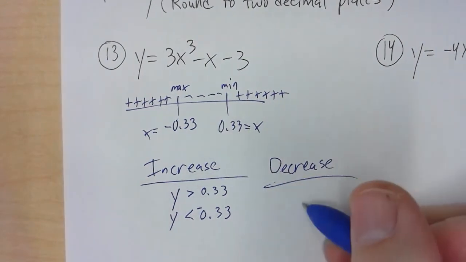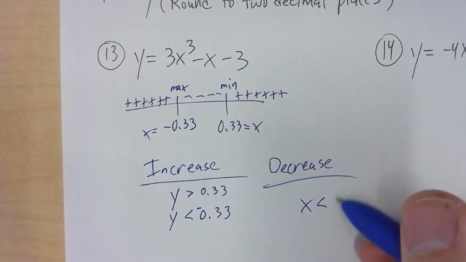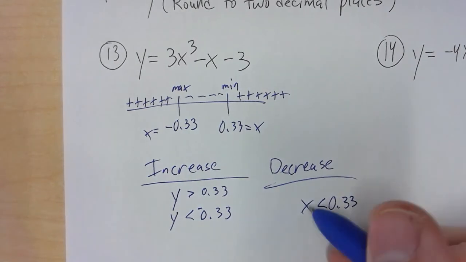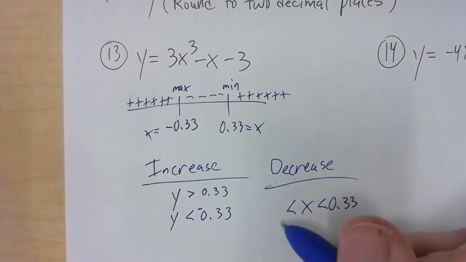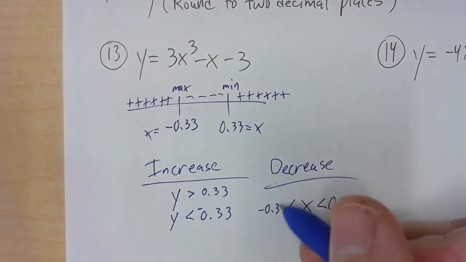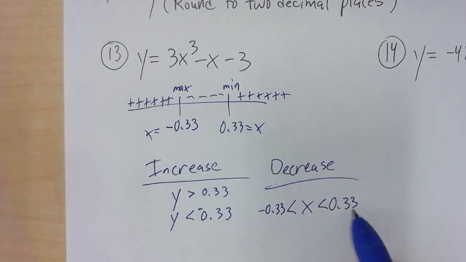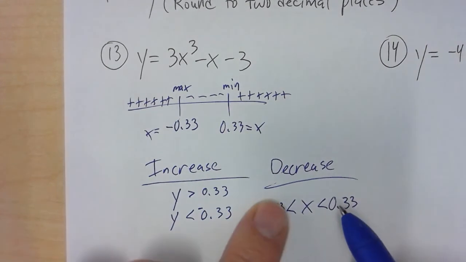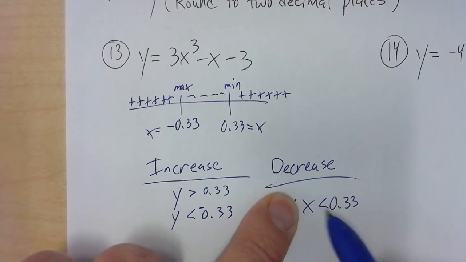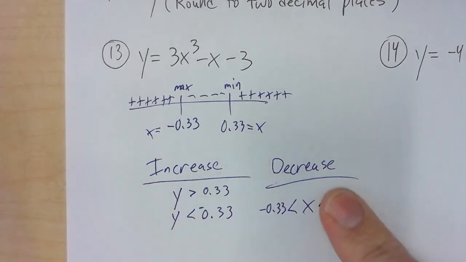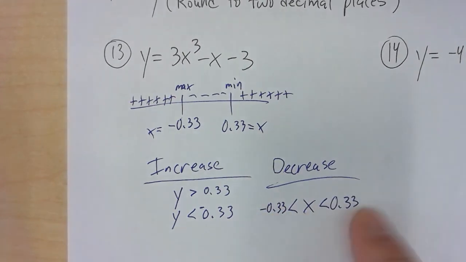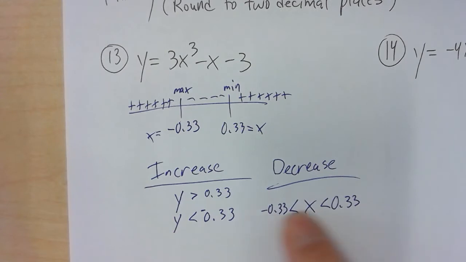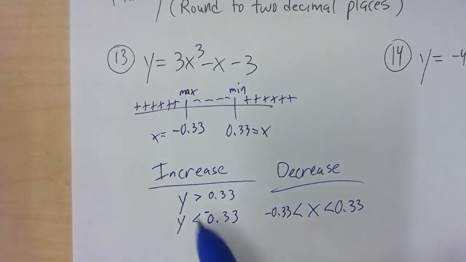We say x is less than 0.33, and at the same time, x is greater than negative 0.33. So that's how we say in between in math: we look at it this way and go, x is less than 0.33, and then we turn it around and say x is greater than negative 0.33. So see, x is trapped, right? Like Jaws, trapped between the 2 numbers. So this is where it's decreasing.